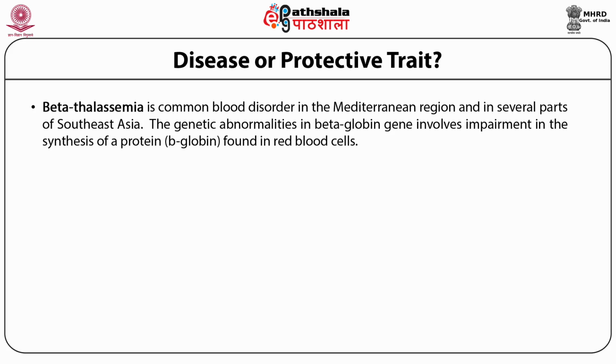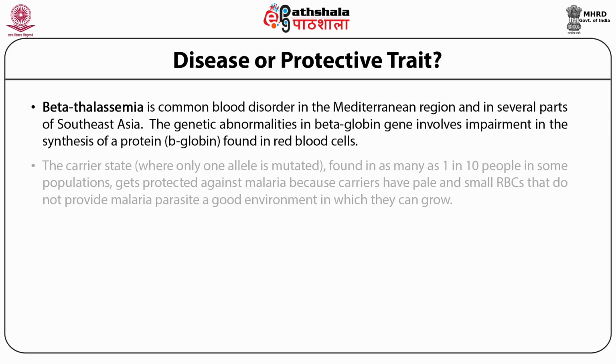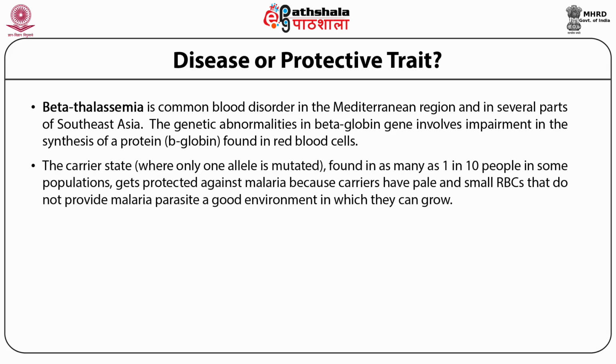But a person with both alleles affected has severe anemia, which usually requires lifelong blood transfusion. Whereas the carrier state, found in as many as 1 in 10 people in some populations, is protected against malaria because RBCs of carrier individuals are small and pale, which does not make a good environment for the malaria parasite in which to grow, as reported by Galanello and Origa in 2010, as well as by Rund et al.